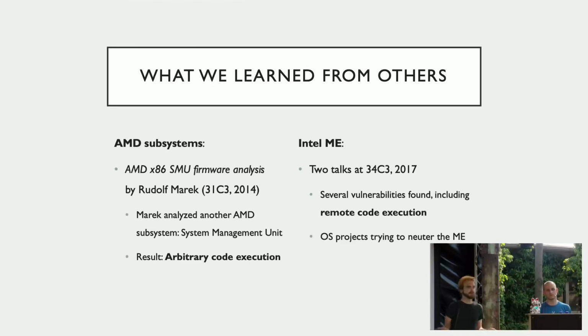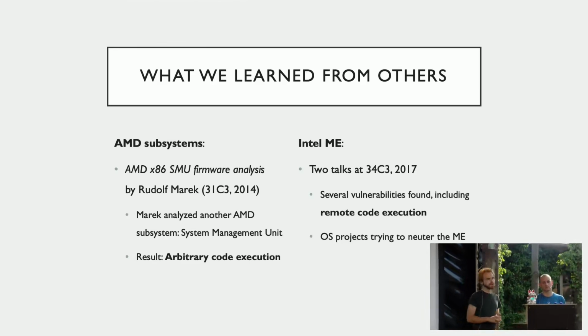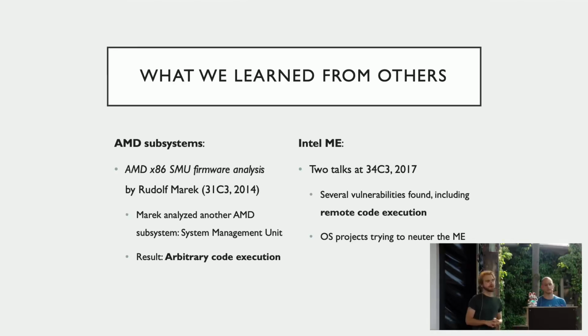So what did we learn from others? Regarding AMD subsystems, there's the system management unit responsible for power management, amongst others. It was dissected by Rudolf Marek already in 2014 at the 31C3. And he managed to get arbitrary code execution on this very delicate piece of hardware.